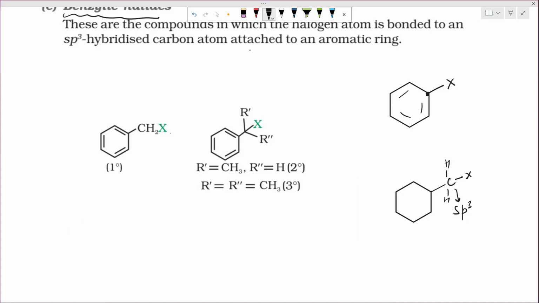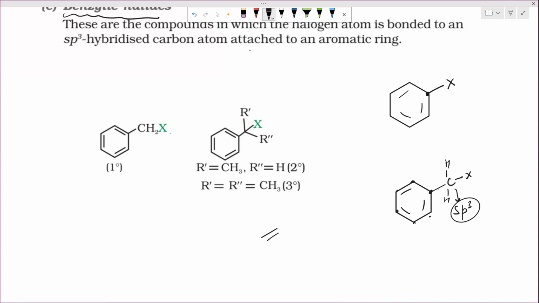We don't mention the hydrogens. All the carbons of the benzene ring are sp2 hybridized. Why is it sp2?